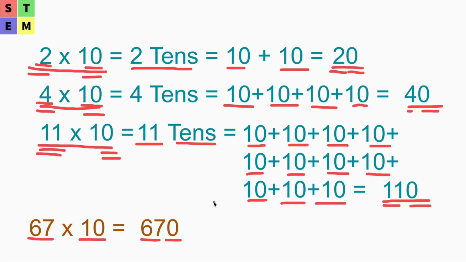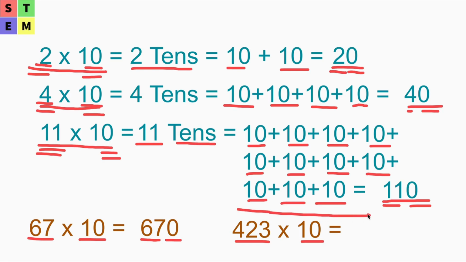Okay, so let's try another, more complicated one here. 423 times 10, right? So we have here 423 tenths. If we want to write it in this format, like 10 plus 10 plus 10, that would be 423 times. So it's difficult to count, and it's difficult to write all over the paper.